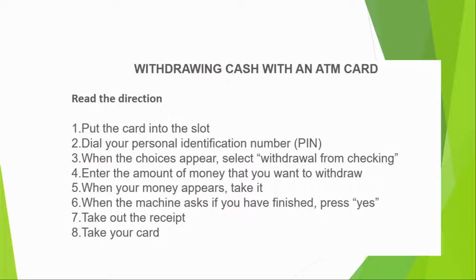This is an example of a non-material procedure text. So you don't need to prepare ingredients or materials that you tell your reader to use. What you do is just tell the process, the steps, that people have to do when they are withdrawing cash with an ATM card.